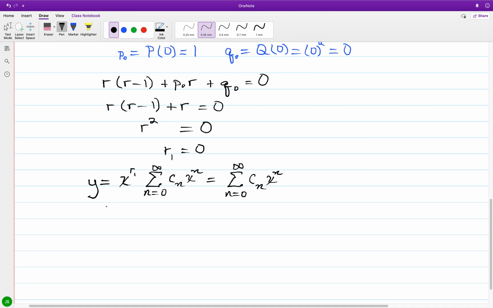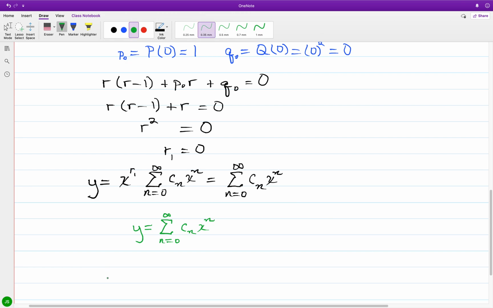Okay, so from the initial stage, we got that y is equal to the summation, again, as n goes from 0 to infinity, of c of n times x to the n. Now, we're looking at involving both the first and the second order derivatives.